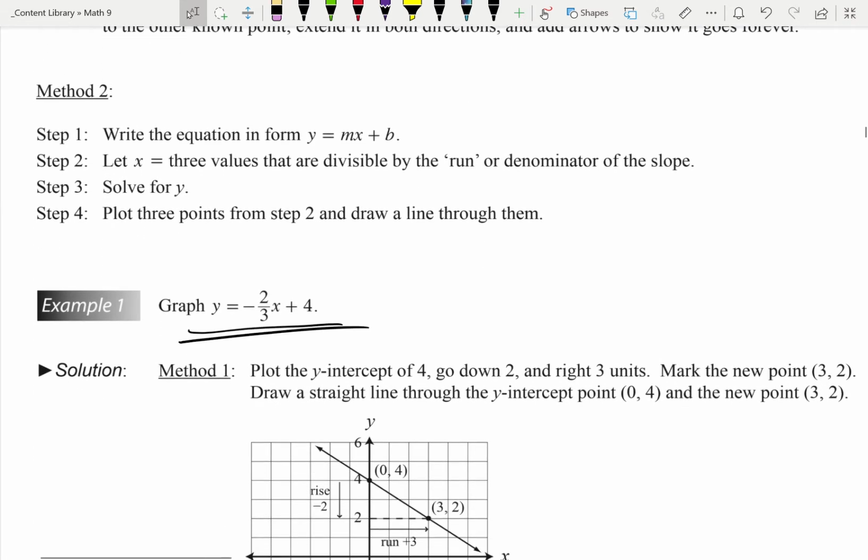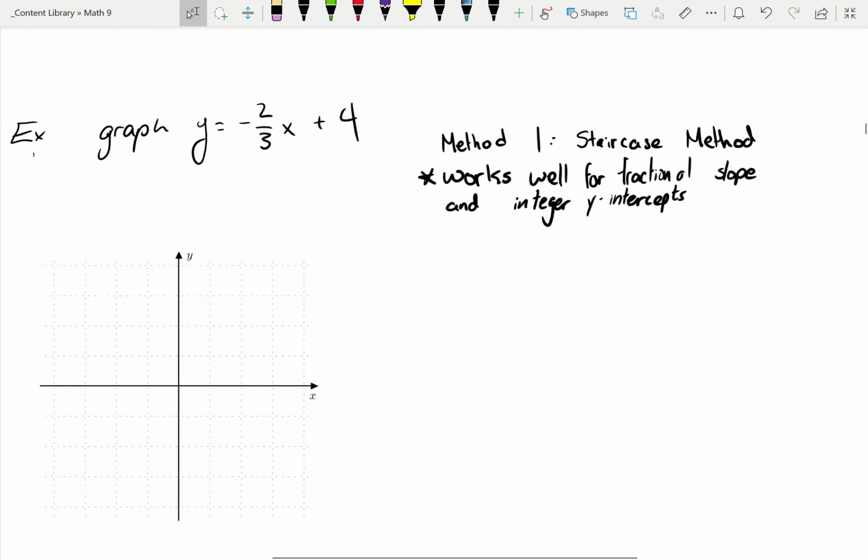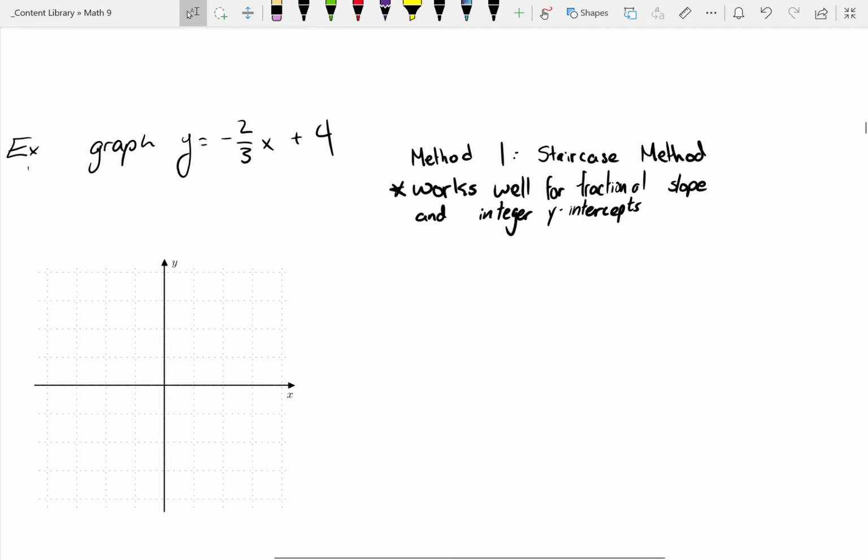So I'm going to go into the example that they give here. So I'm going to just move over so you can take these notes alongside. The first method I'm going to show you is what I like to call the staircase method, and you'll see why in just a moment. This works well for slopes that have fractions, so I'm looking for my m to be a fraction in this case, and an integer y-intercept. So no decimals in my y-intercept.